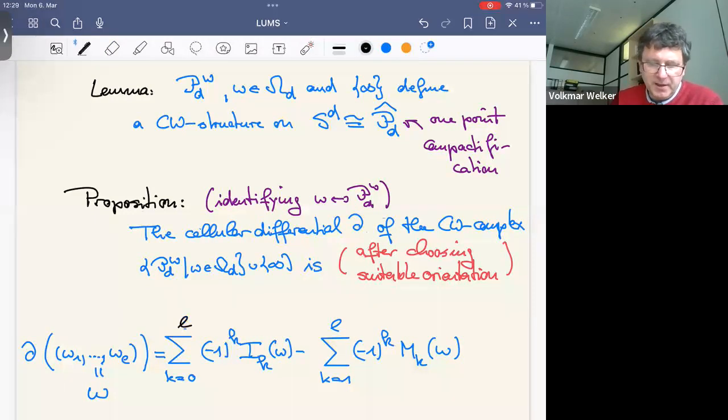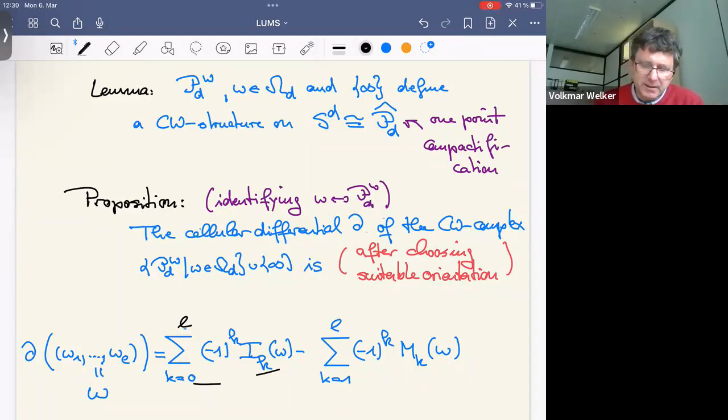I mean, if this omega already has norm D, then this one should be seen as empty. So you insert a 2 at every possible place, at the front, between the first two omegas, and so on, up to after the last omega, and then you subtract an alternating sum of merges.